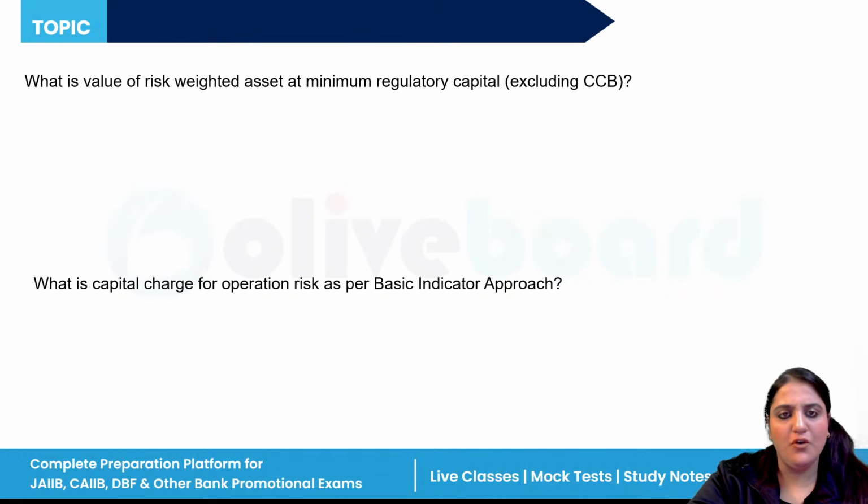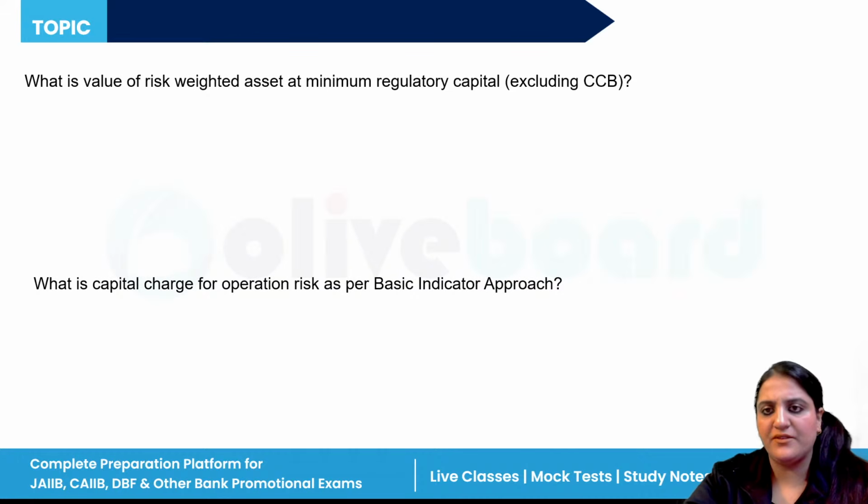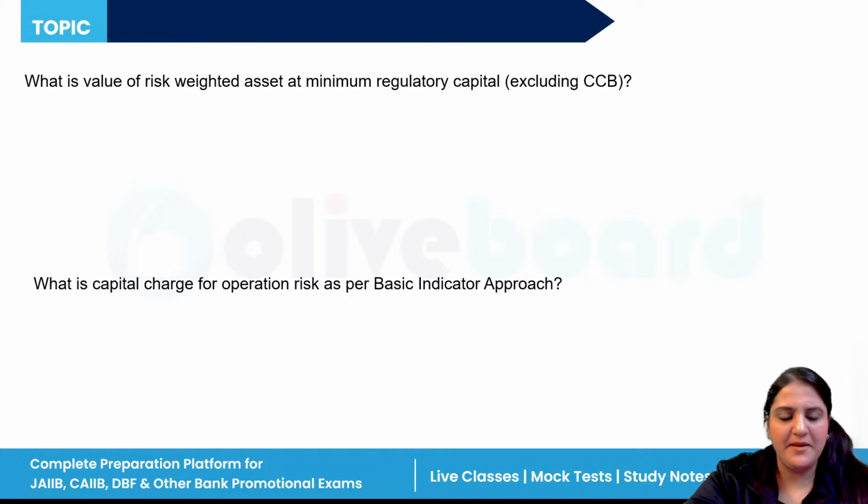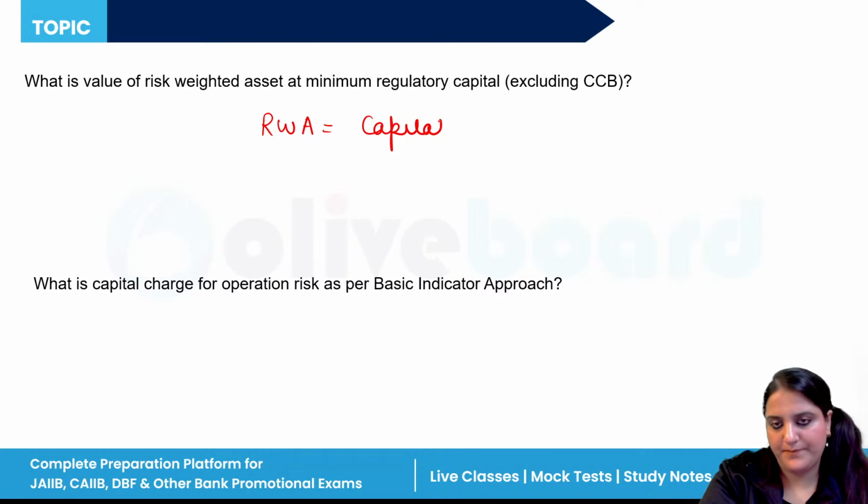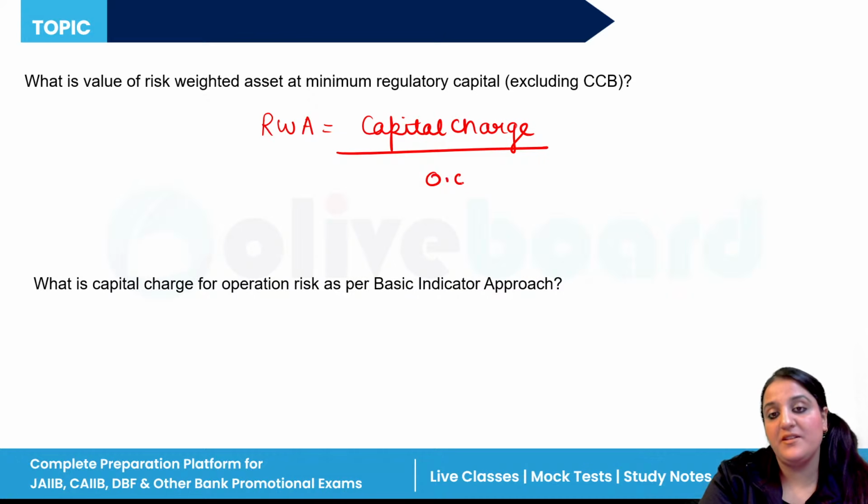What is the value of risk weight asset at minimum regulatory capital excluding the CCB? Capital requirement is 9% of RWA. That is, RWA is equal to the capital charge divided by 0.09, right?